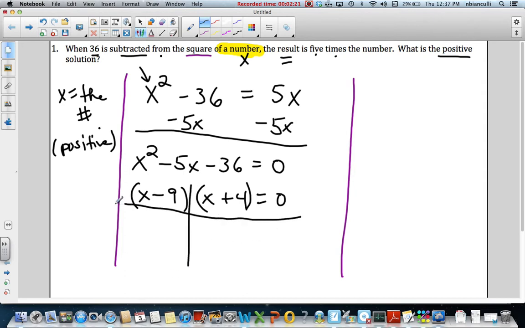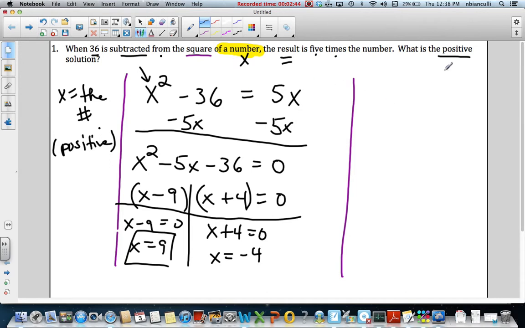Now we have our t-chart. We'll take x minus 9 and set it equal to 0, and therefore x is 9, if you add 9 to both sides. And x plus 4 is equal to 0, so therefore x is negative 4.